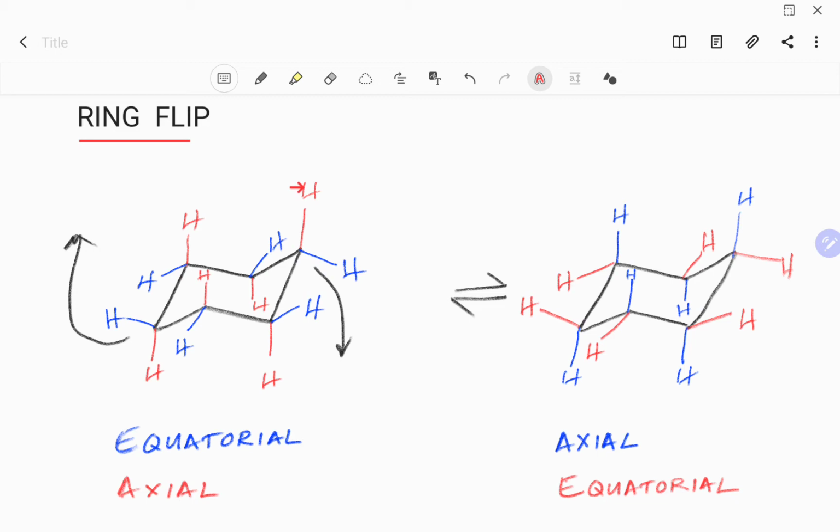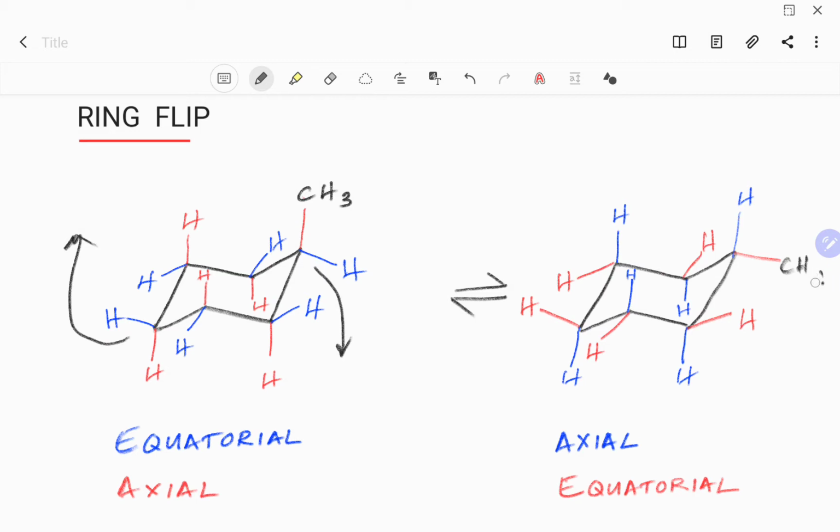Let's replace this hydrogen with something like CH3, a methyl group. It is in the axial position in this diagram, but after a ring flip, the CH3 will go to an equatorial position. That is as easy as picking any equatorial position and putting it there.